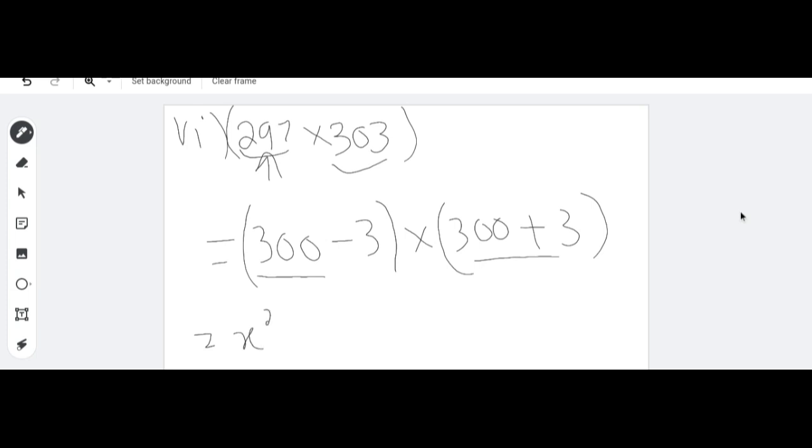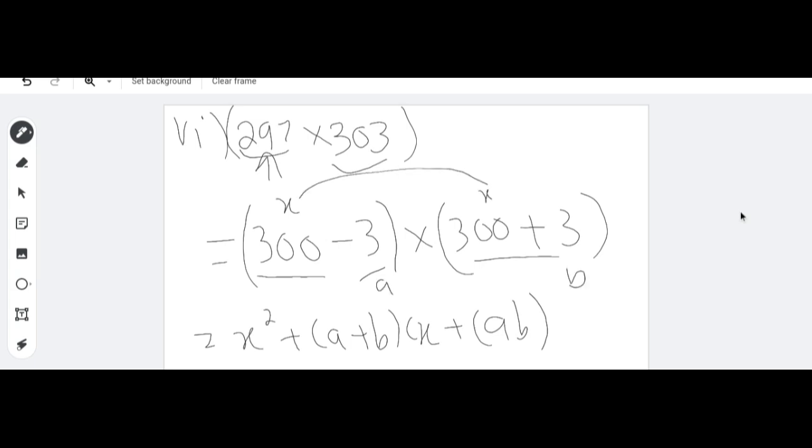x square plus (a plus b) x plus a into b. I have to solve for this one, right? So here this is x, this is a, this is x, this is b. So x should be the same in each. It doesn't matter that a and b are different. Look, a and b are different. This is minus 3, this is plus 3. But this is plus 300 on both sides.